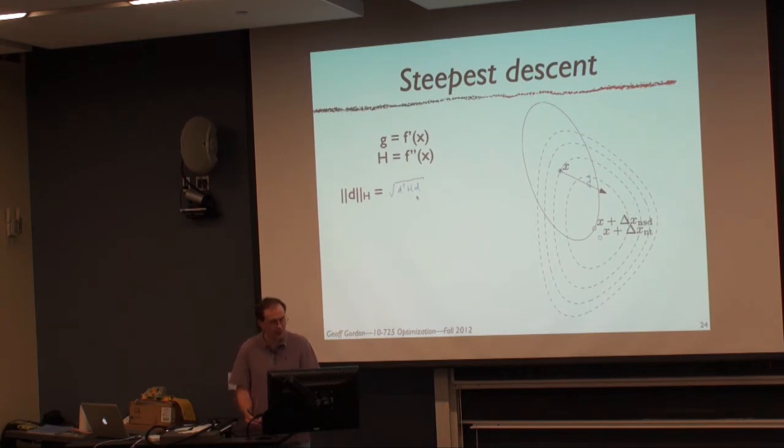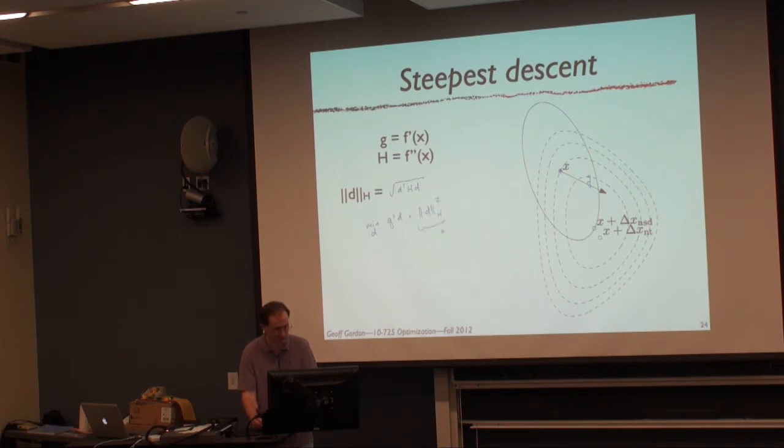Then the steepest descent method in this norm says that what we're trying to do is to minimize over our step direction d of the gradient transpose times d plus the Hessian norm of d squared, right?